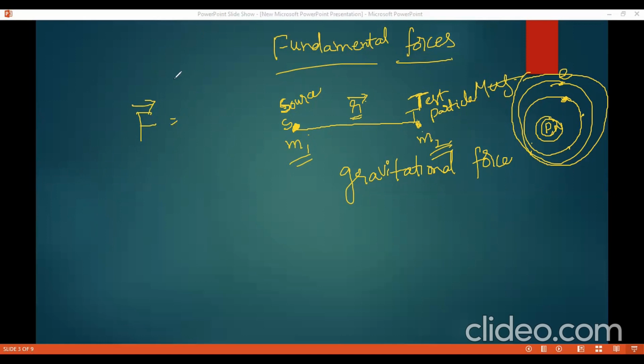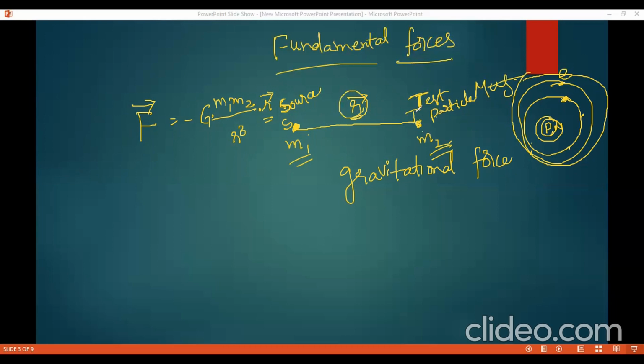So F bar is equal to minus G times m1 m2 divided by r cube, times the position vector r. This is the expression given for force. Here r is the position vector of the test particle.